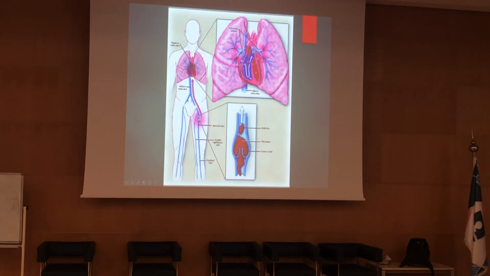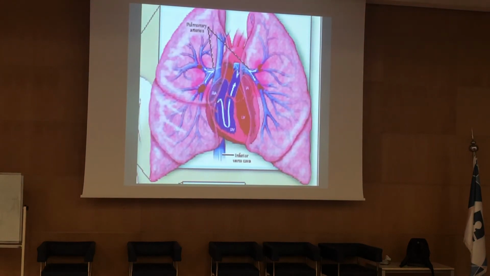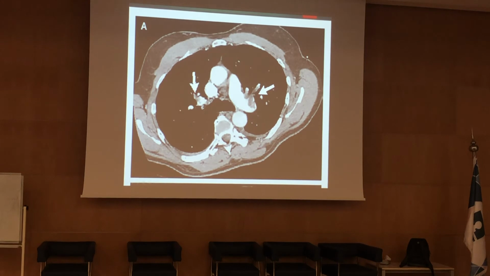So that's why pulmonary embolism is very, very important. It's a very life-threatening disorder, and this is an example of a CT scan. CT will give the patient iodine. This white material here is iodine, and it should be white all the way like this. But this patient has a blockage. This one is a thrombus.